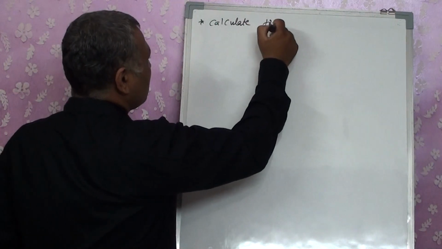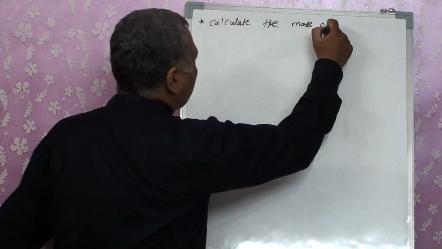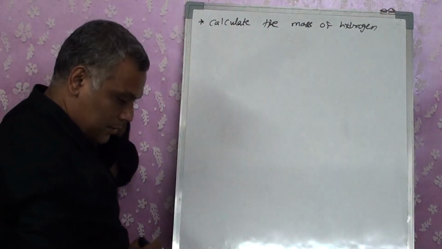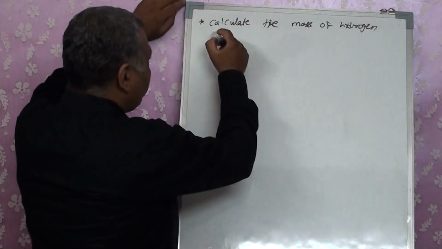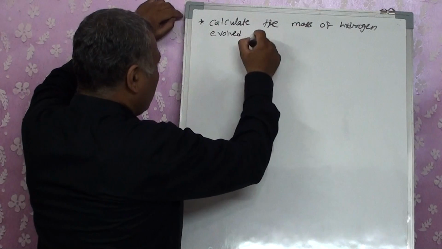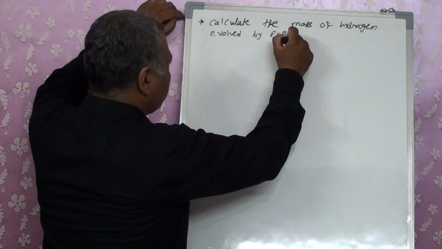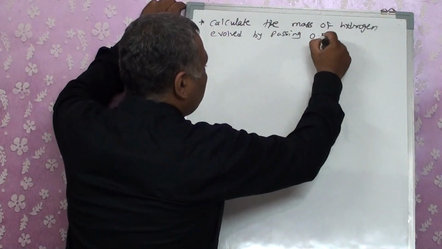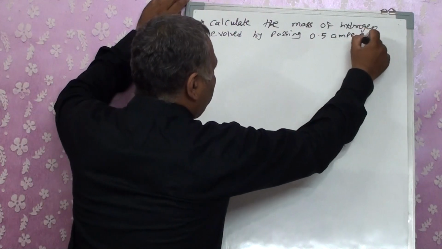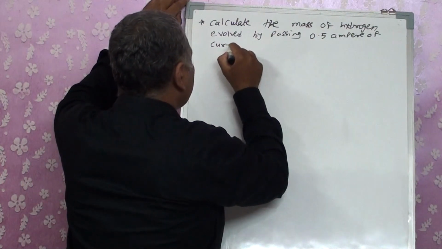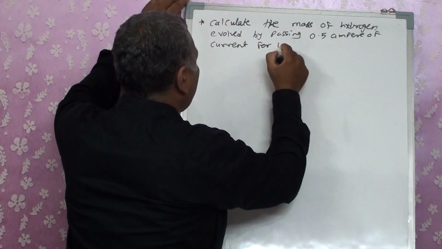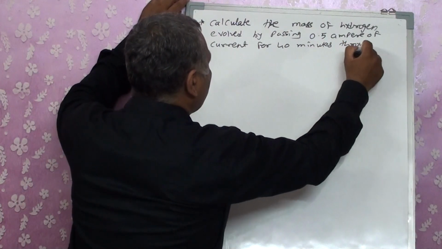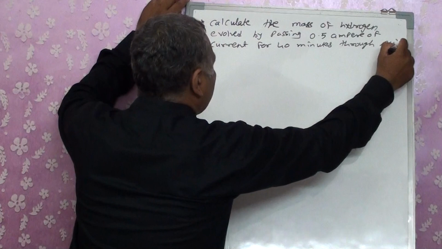Calculate the mass of hydrogen that is evolved by passing 0.5 ampere of current for 40 minutes through acidic solution.